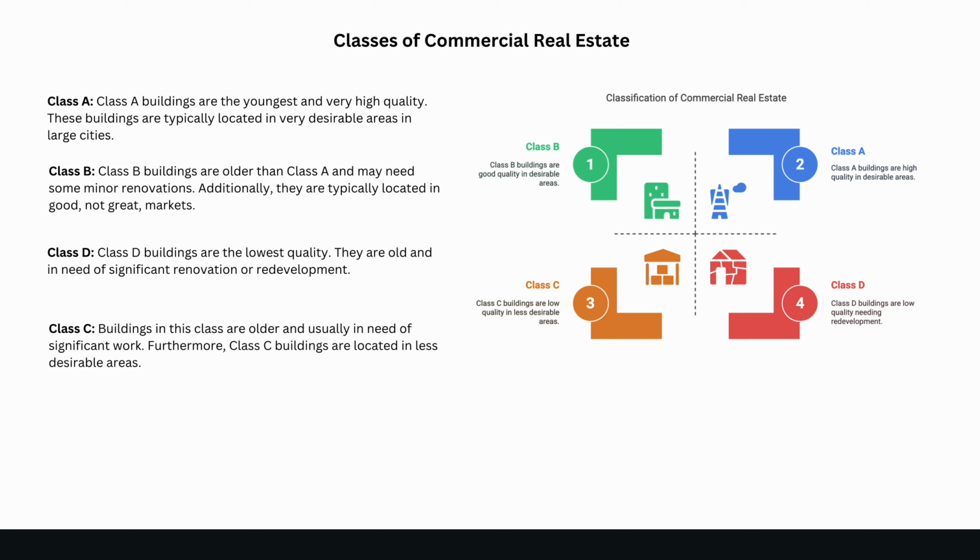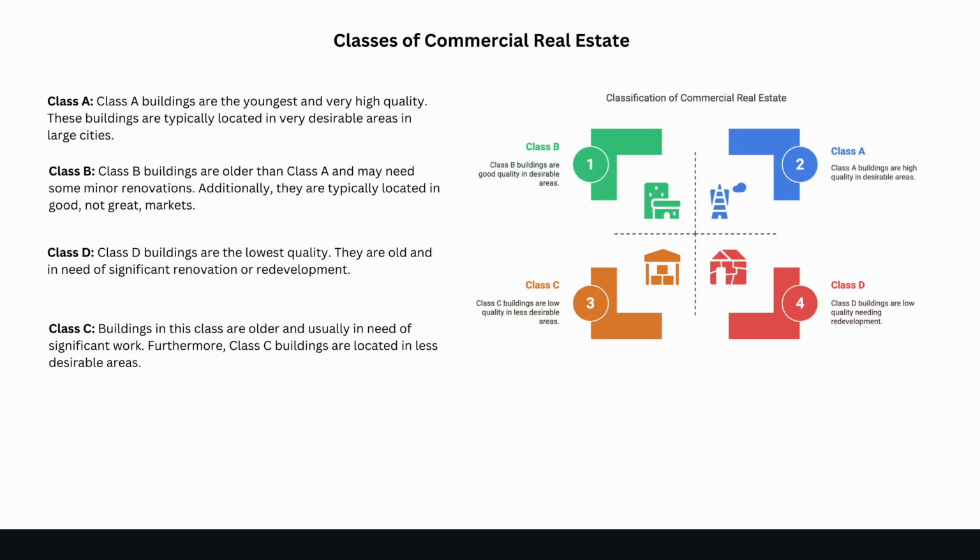For example, if I talk about Pune, like PCMC, which is a rich area, or Koregaon Park, which is a rich area. It means that particular asset is located at a very prime location, so you can categorize it under Class A.